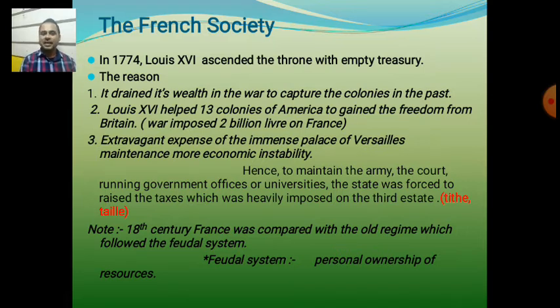And as a reason to overcome this financial crisis, they were left with only one option. They should increase the state earning. And in those days, how were they able to increase the state earning? What was the source of state earning? The source of state earnings was only the revenue, the taxes.